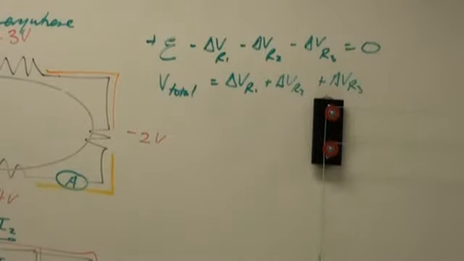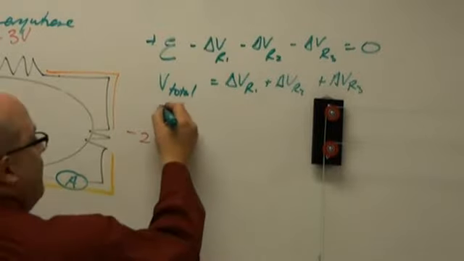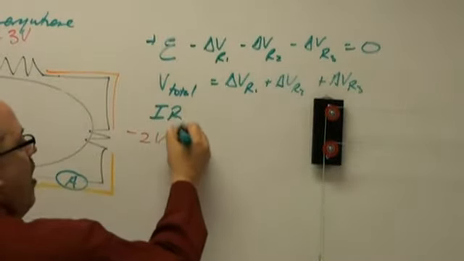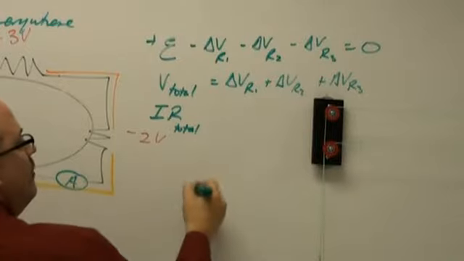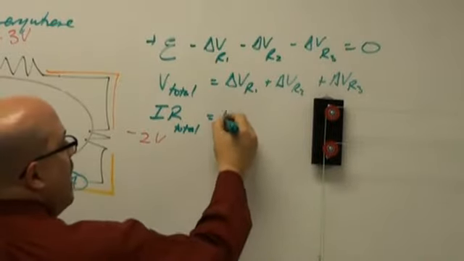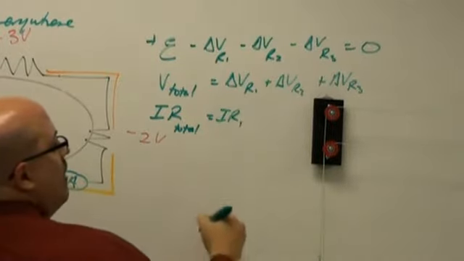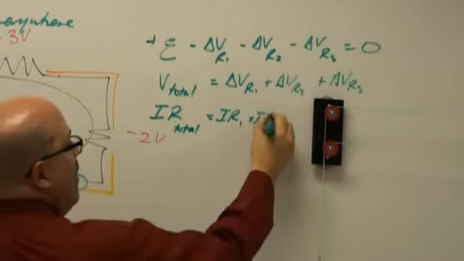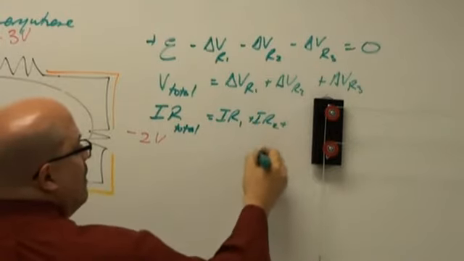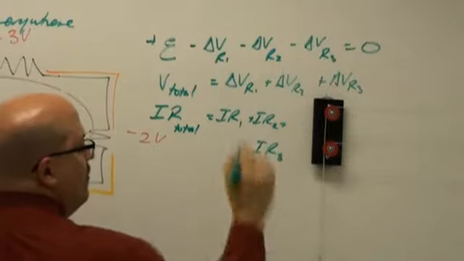But what does V equal? IR. That means that the IR total for the circuit equals the IR for resistor 1 plus the IR for resistor 2 plus the IR for resistor 3.